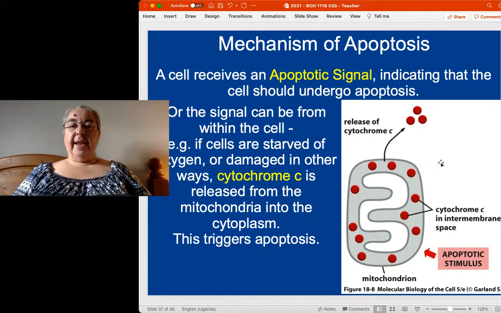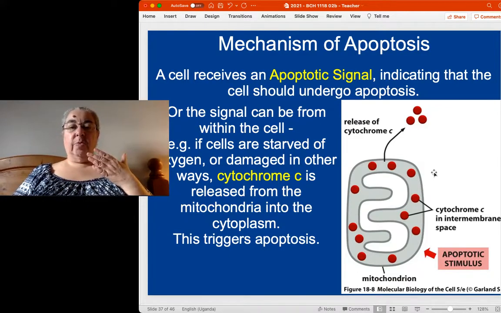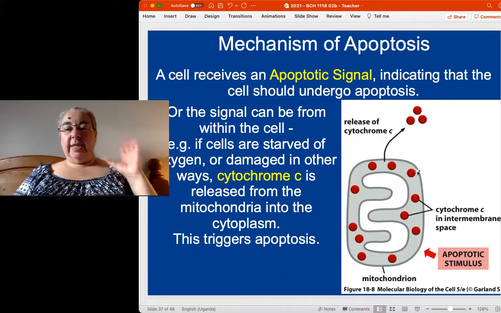So if the cell is starved of oxygen and has become damaged because it's not able to carry out its oxygen-dependent respiration reactions correctly, this affects the mitochondria, which are of course involved in respiration, and causes the release of cytochrome C and sends the cell into apoptosis from inside the cell.